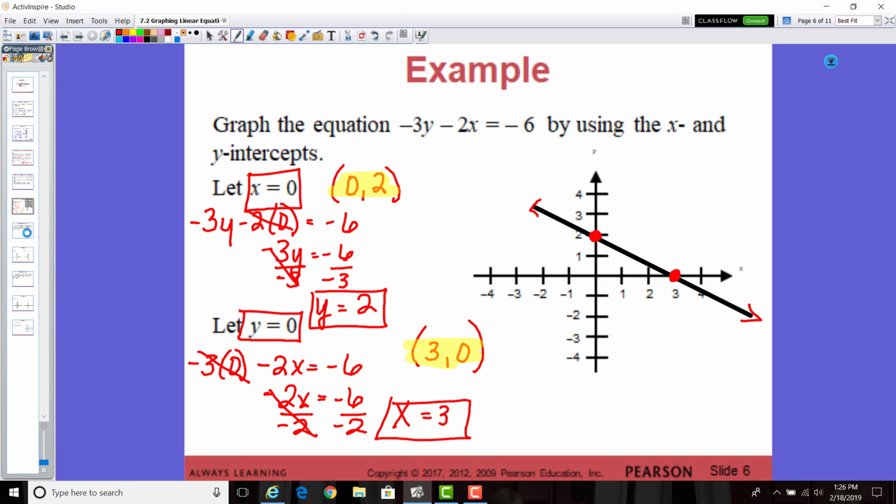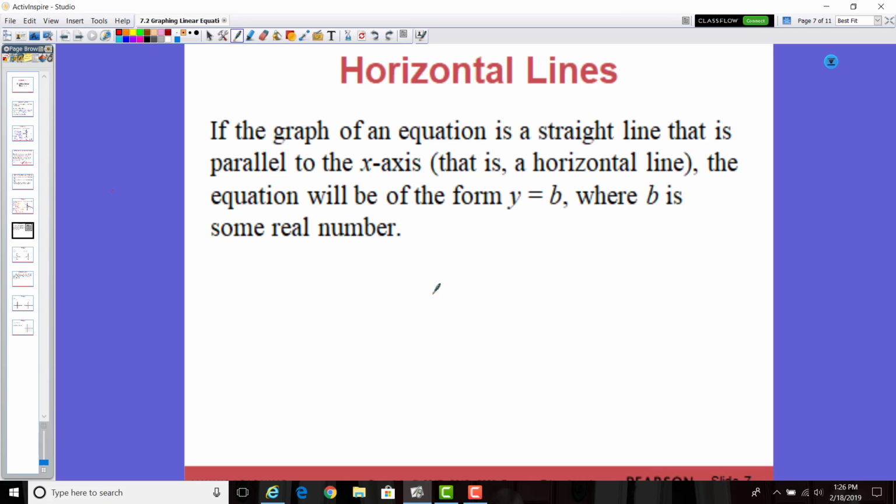Okay. Now, we are used to the equation y equals a number or x equals a number to represent solutions to equations. And they are, but however, y equals a number also represents the equation of a horizontal line.